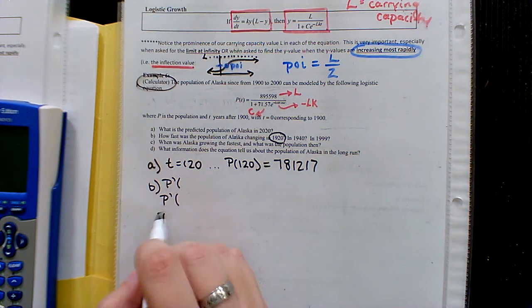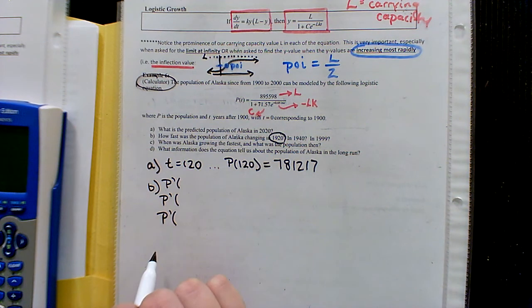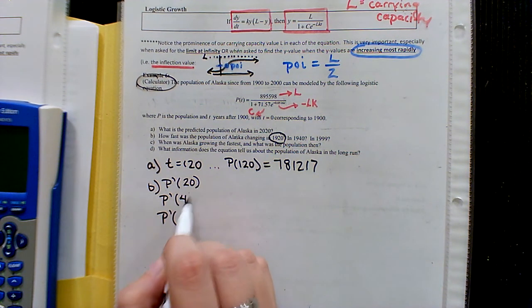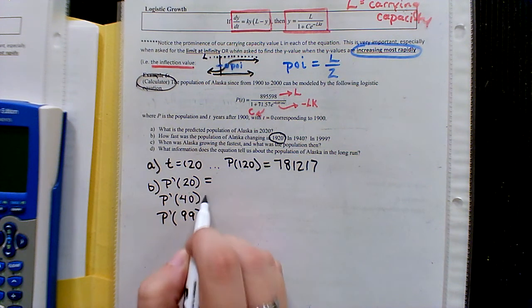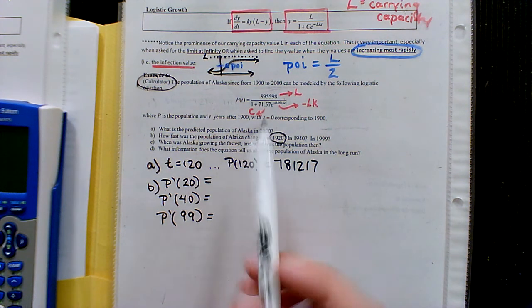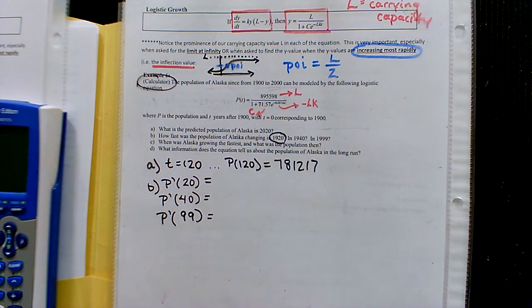So let's go ahead and figure out those. 1920 is 20 years past 1900, and then we have 40 years past 1900, and then 99 years past 1900. So we got to find the derivative of the P equation and plug in 20, 40, 99.